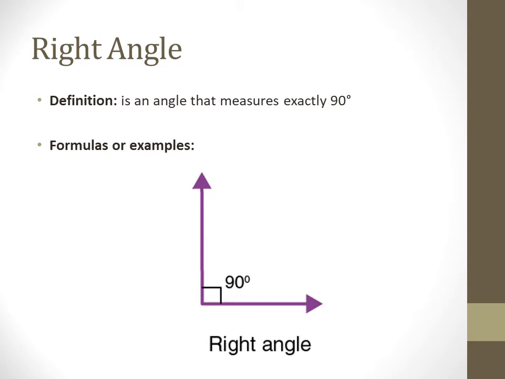This is a right angle, and these are usually shown with that little square symbol, all right? Even if we don't have the numbers there, 90 degrees, if we see that little square at the vertex, we know it's a right angle. And we know that it will measure 90 degrees.